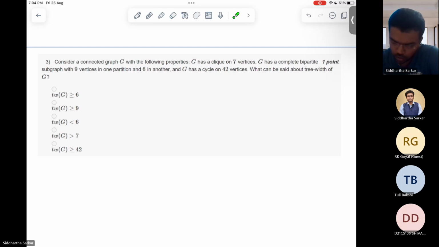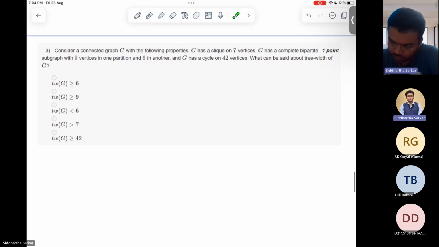Yes. Okay, so in this question we have a graph and it has certain attributes and we want to find some bounds on the tree width of this graph, and we have to decide which of the following bounds are true. Let us mark these bounds A, B, C, D, E.